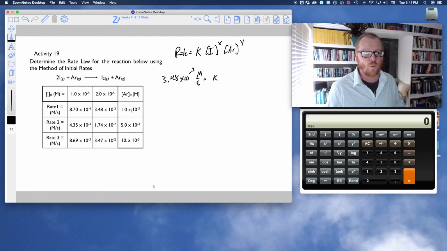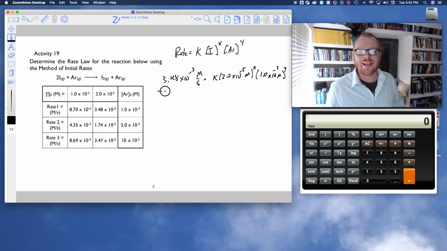So that's how my table works, all right? So this rate is involved when argon stays the same, but now when the iodine is cut in half. So now I'm just going to plug in those values. I'm going to plug in 2.0 times 10 to the minus 5th molarity, raised to some power x. And then I'm going to plug in the argon, 1.0 times 10 to the minus 3rd molarity, to the y.